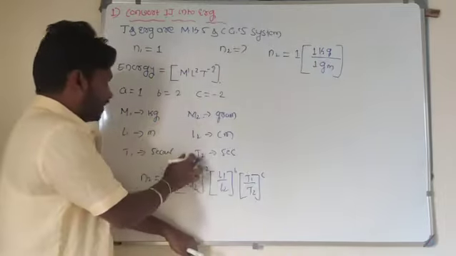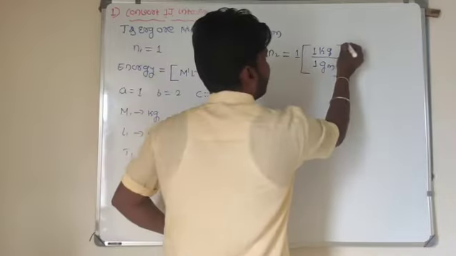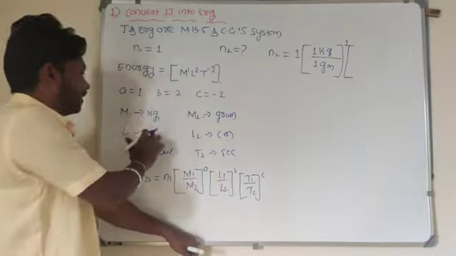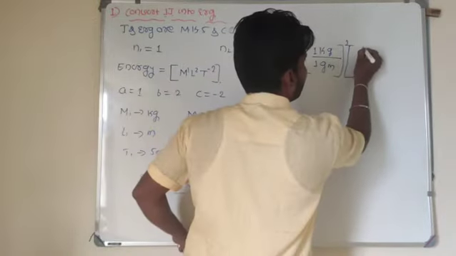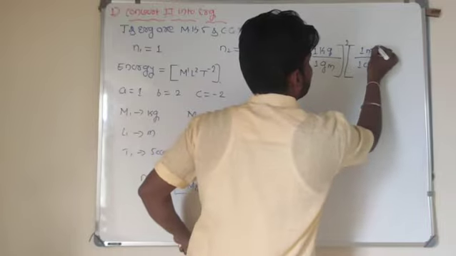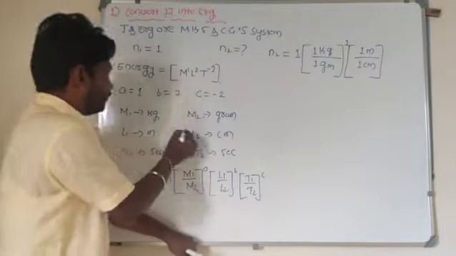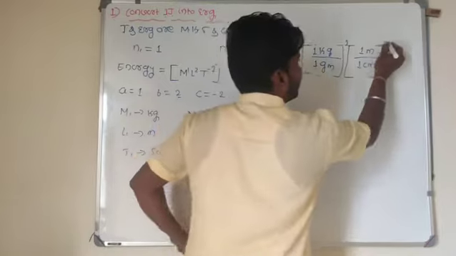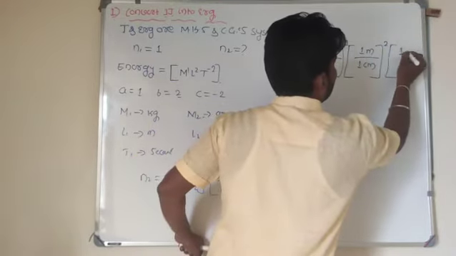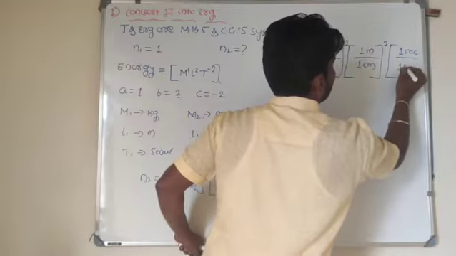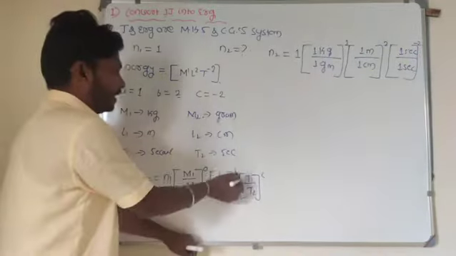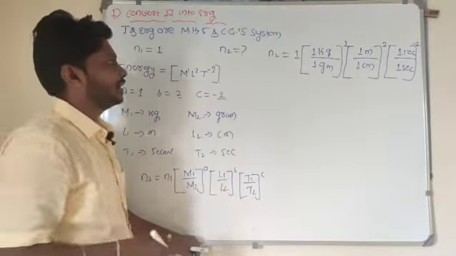What's the value of A here? A is equal to 1 here. And L1 is in terms of meter only, 1 meter, so this is 1 centimeter. What's the value of B here? B value is 2 here. And time is in terms of second only, 1 second, so here also 1 second. So value of C is -2.